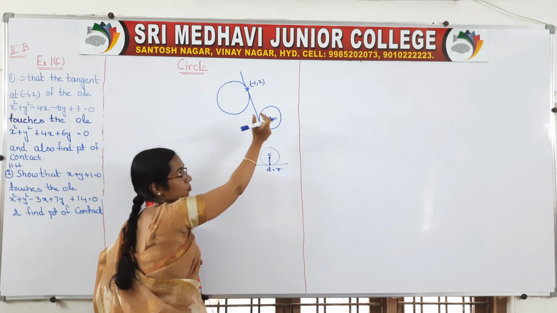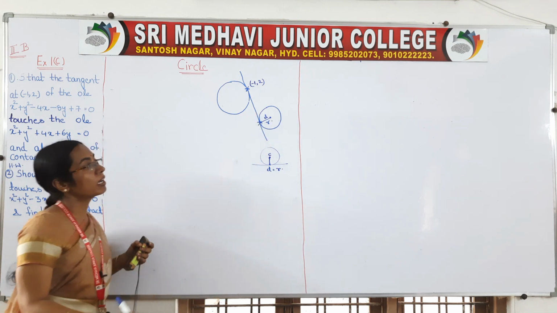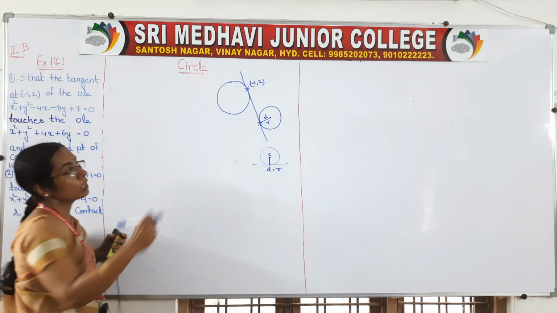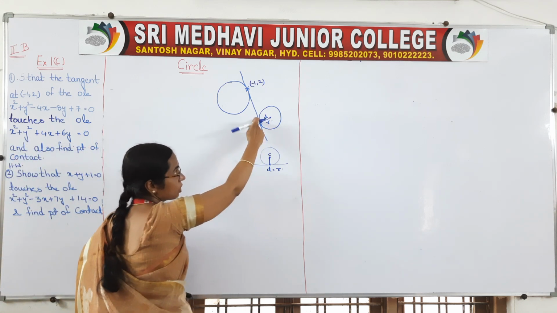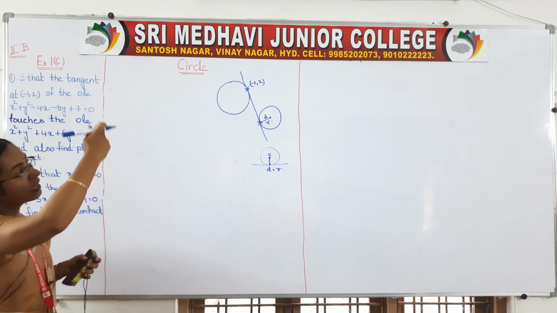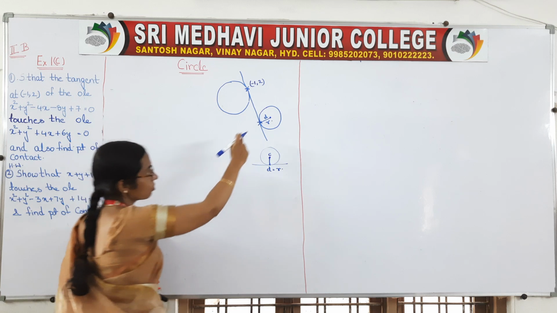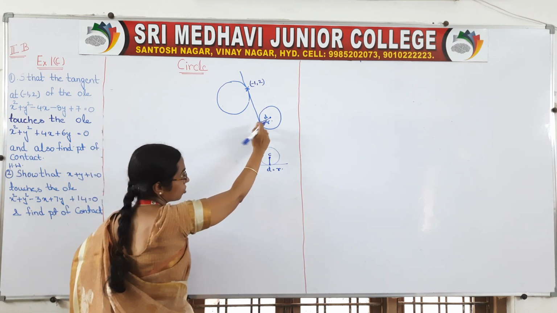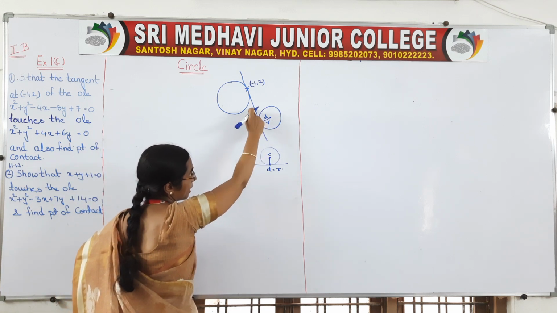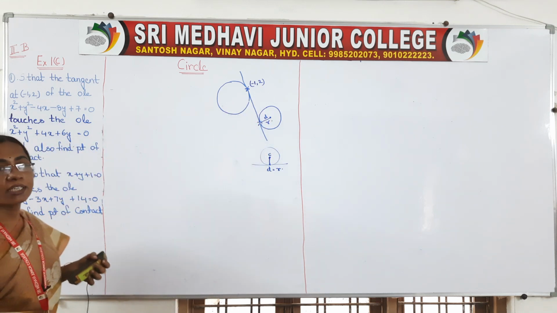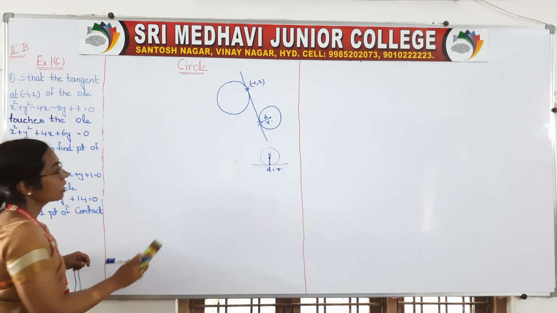So here we have to prove d is equal to r. That means the radius of the second circle is equal to the perpendicular distance from center to that line. Then we can say that the line touches the second circle. After that we have to find the point of contact also. This is called the point of contact of this line with this second circle. Be attentive, a little bit lengthy problem.